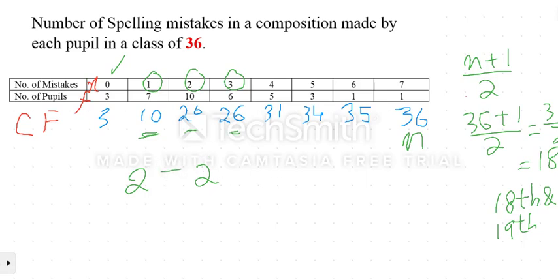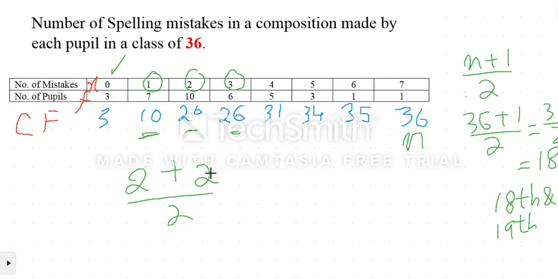So we will add them and divide by 2, as we discussed in the previous example, when the number of values is even. Right now we have 36, so there will be 2 numbers exactly in the center of the data. Those 2 numbers are 2 and 2.